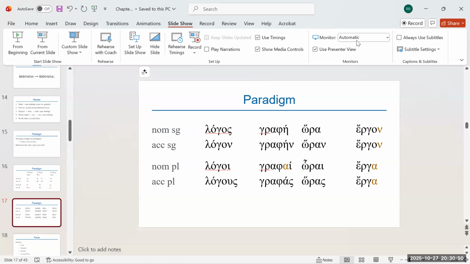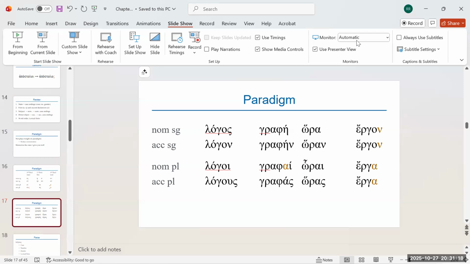But you still recognize the word because of the gamma, rho, alpha, and phi. So that's still a recognizable word. So graphai and horai would be writings and hours. And then graphas and horas, so you just added a sigma, would be hours or writings as the direct object.